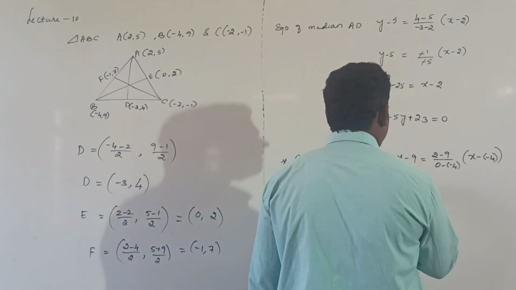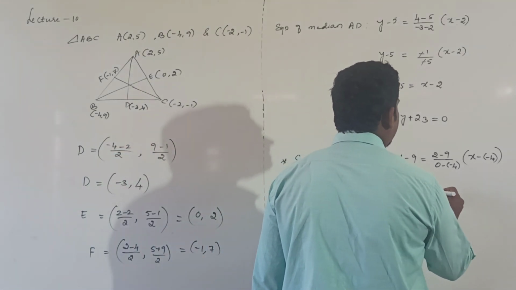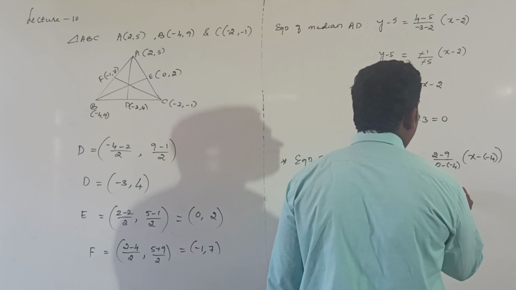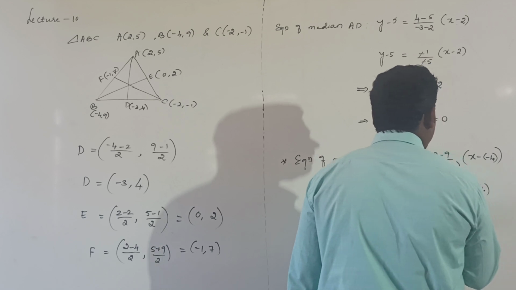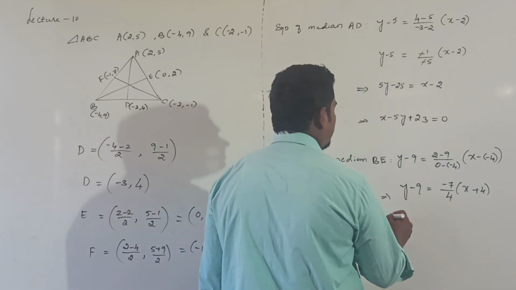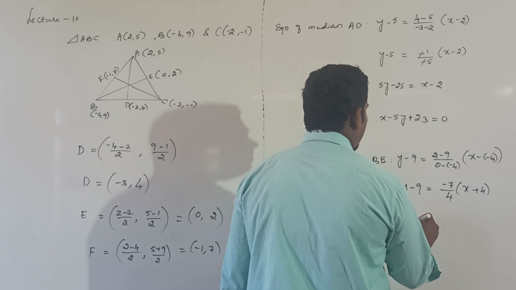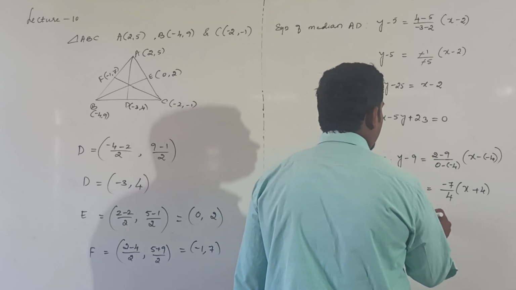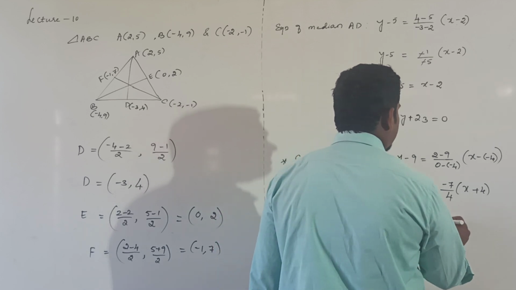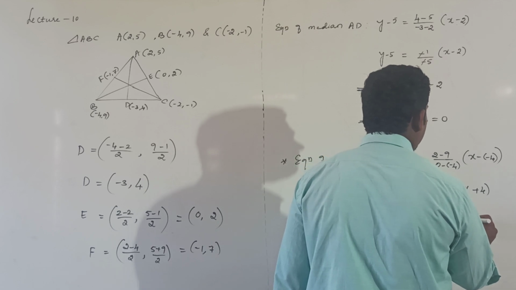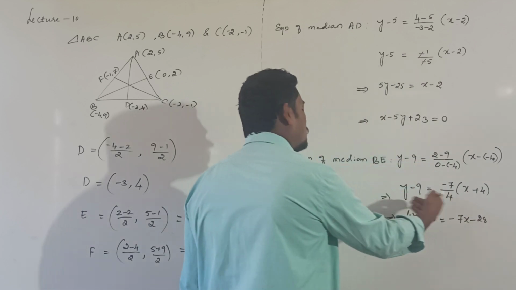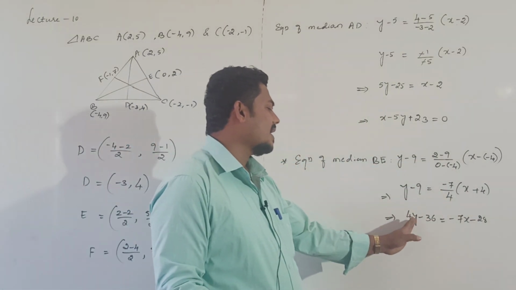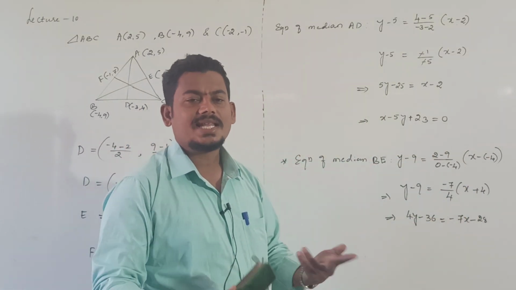Then usual simplification. y minus 9 is equal to minus 7 divided by plus 4 into x plus 4, right? Now the denominator, cross multiplication. It will be 4y minus 36 equal to minus 7x minus 28. Take these two terms into LHS, or else take these two terms into RHS, just rearrangement, right?